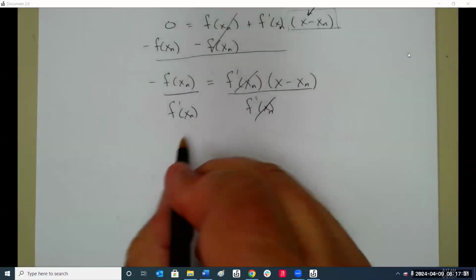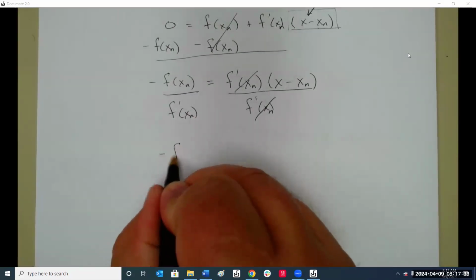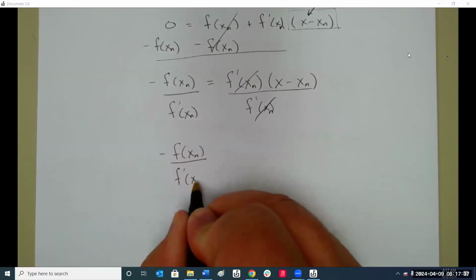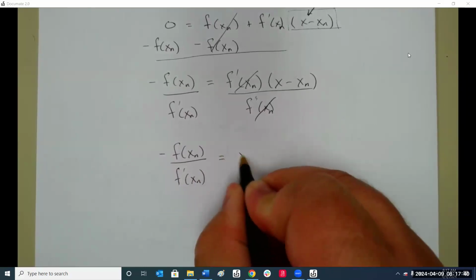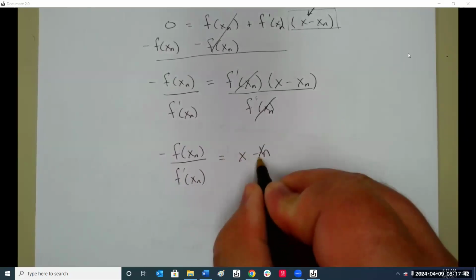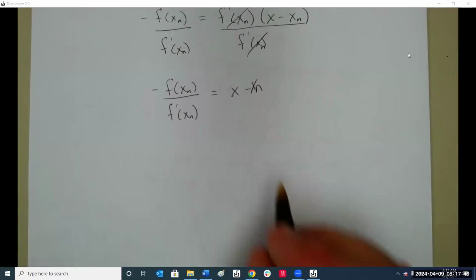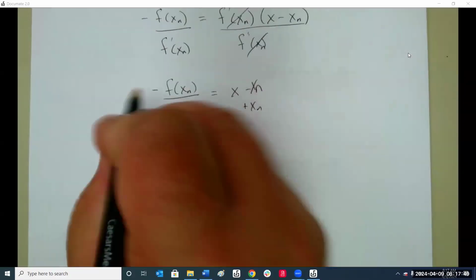And slowly you'll see also what we've been dealing with in some of our equations in the last couple of weeks. And then we add x sub n.